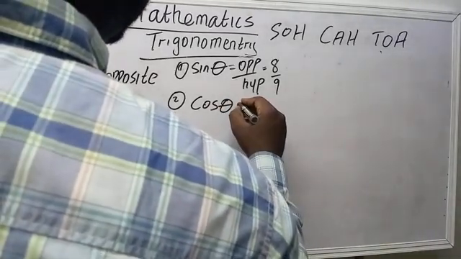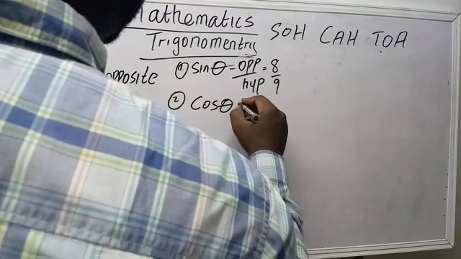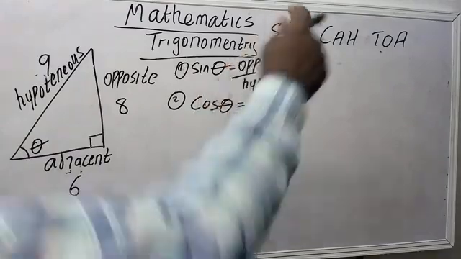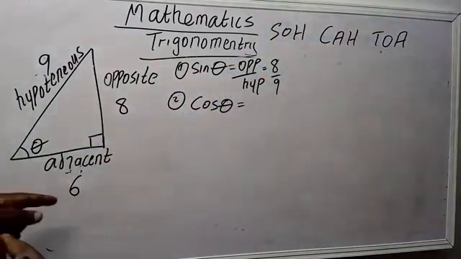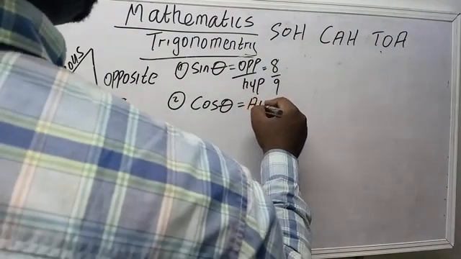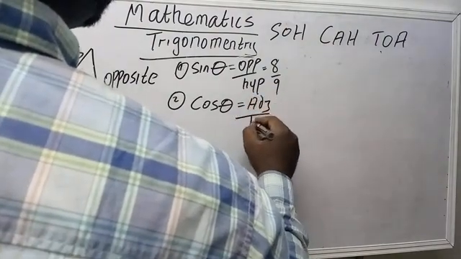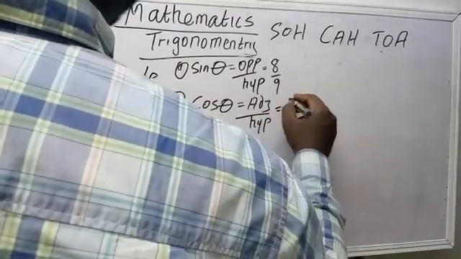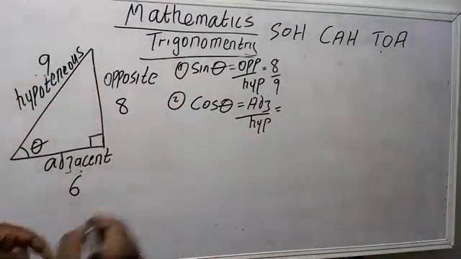Cos theta is what? Adjacent over hypotenuse. Your adjacent is what? 6.